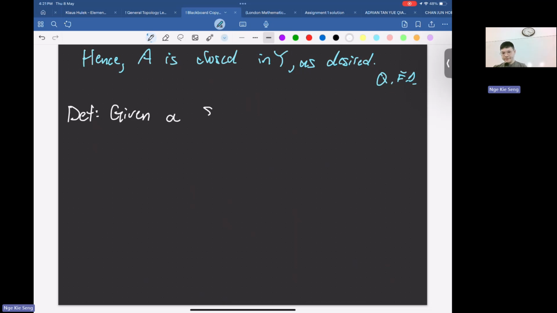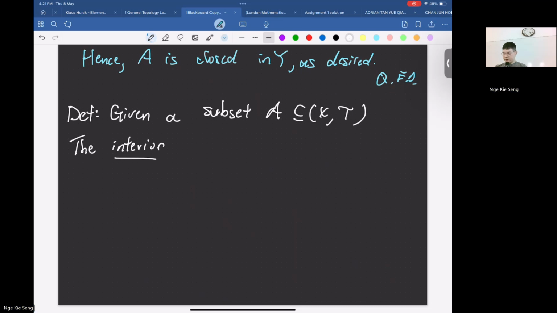So let's be given a subset A inside your topological space. The interior, int A. How do we define the interior of A?